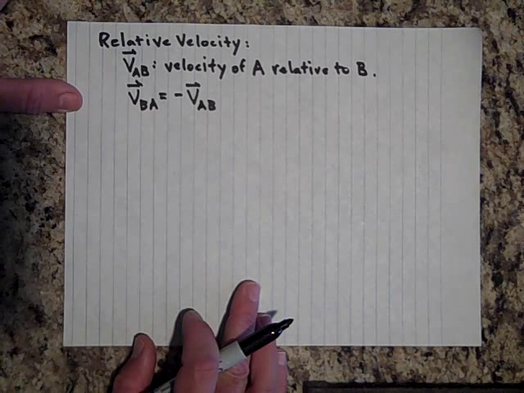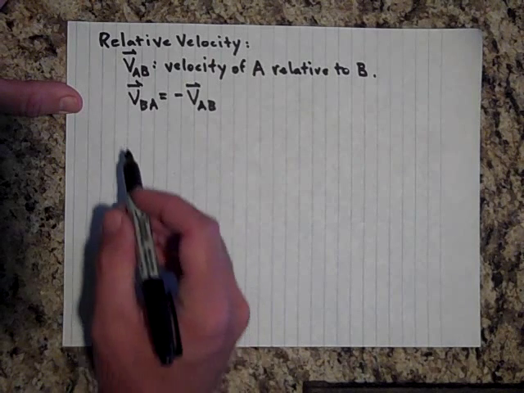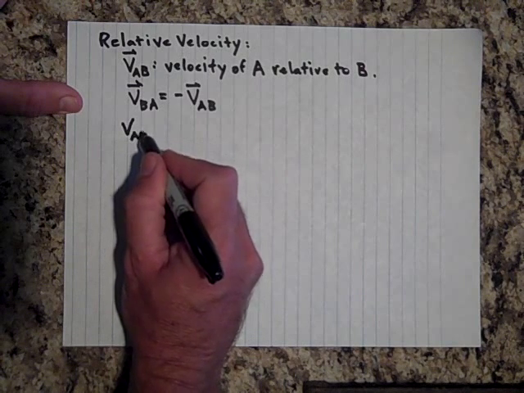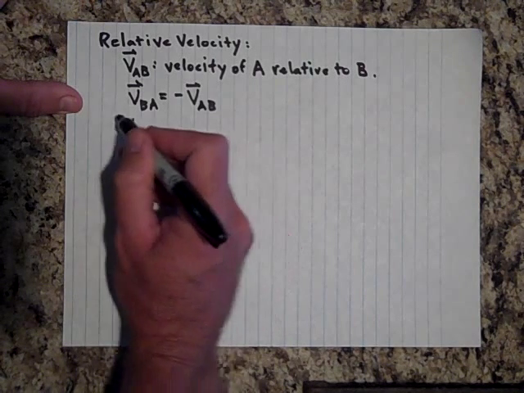Okay, now let's say that you know three different velocities. Let's say you know the velocity of A with respect to B. That's a known.